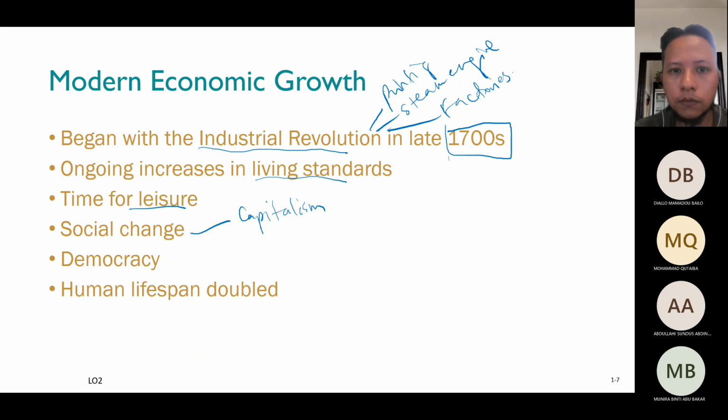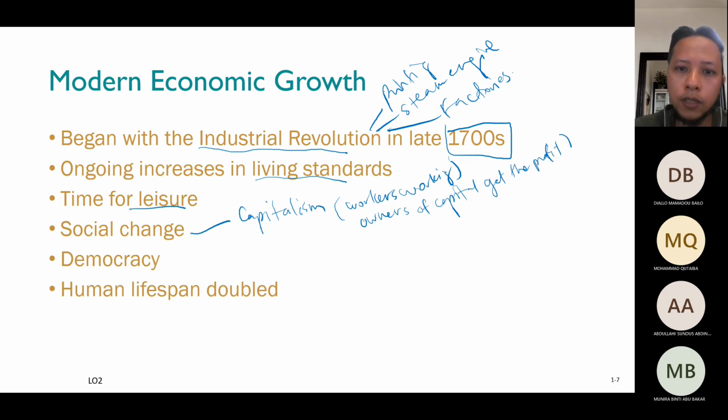However, this was also an era of capitalism, because the workers were working, okay, working, but the owners of capital get the profit. Okay, so the workers were working in the factories in a very dire condition. They're working hard, right? But the profit usually will be benefited by the owners of the capital.